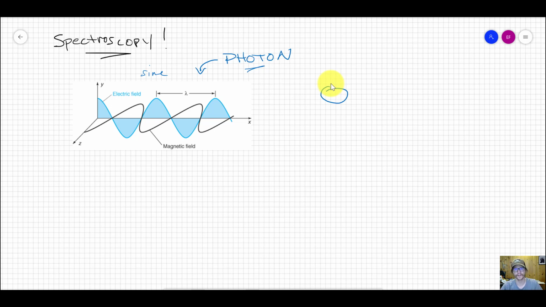And so you've got this oscillation going above and below zero, so it's going positive, negative in both of those dimensions. We also then know that the distance between peaks or troughs has a specific name and goes as lambda, and we call that the wavelength of light.